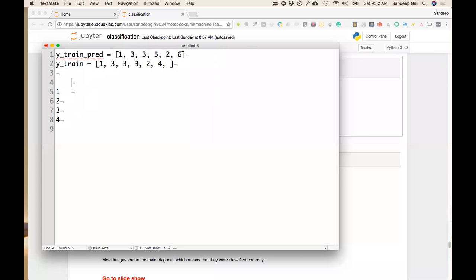So here on the columns, it does 1. Okay, so it says that 1 has been predicted as 1. Then it takes the second number, 3, and looks at 3 predicted as 3.